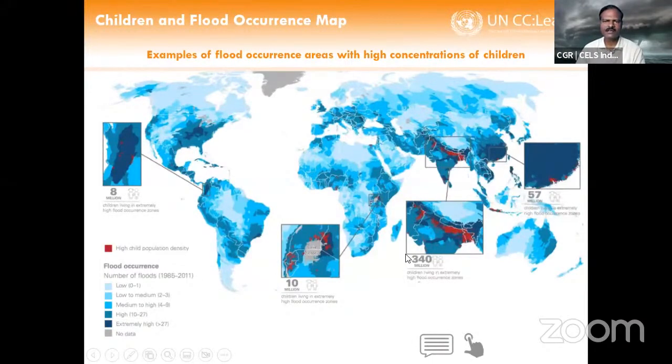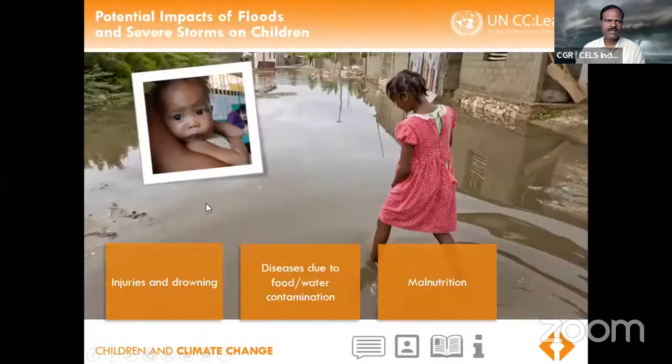Similarly in China, some countries in Africa, and in the northern part of South America. And here you see the injuries and drowning that would happen because the survival skills of children will be low in such situations.